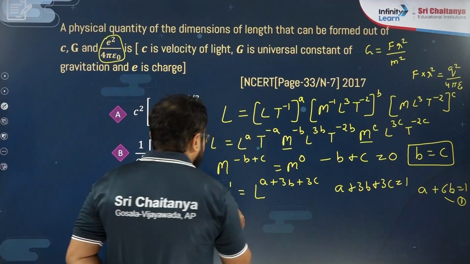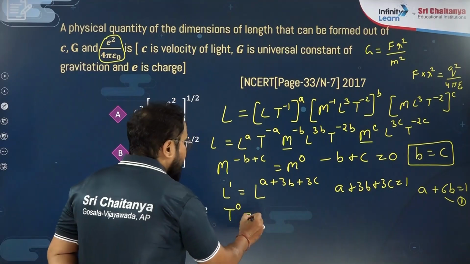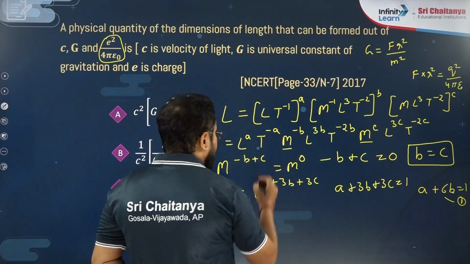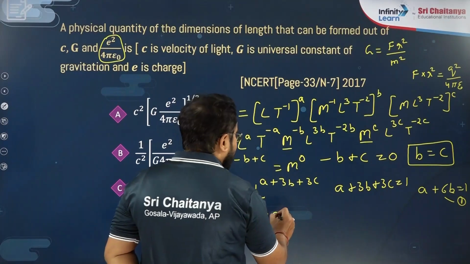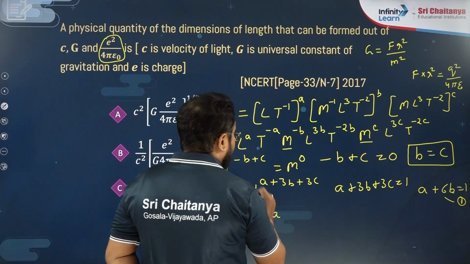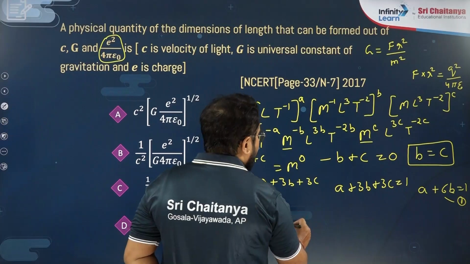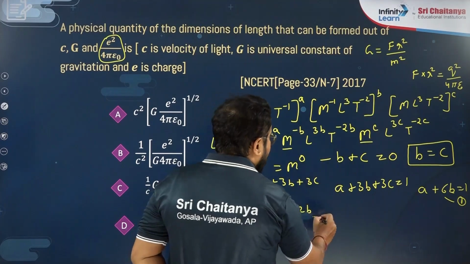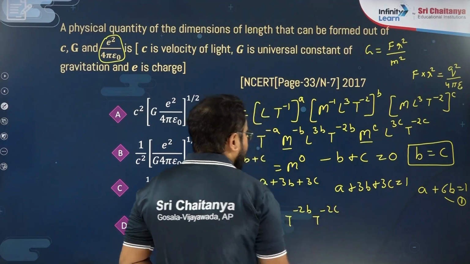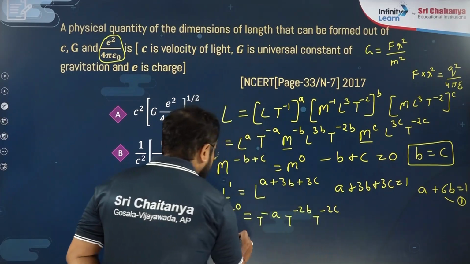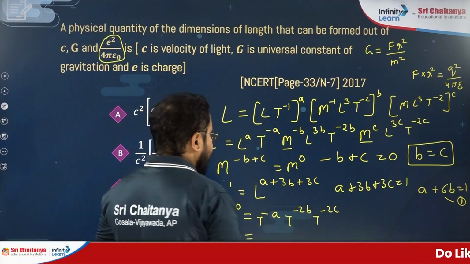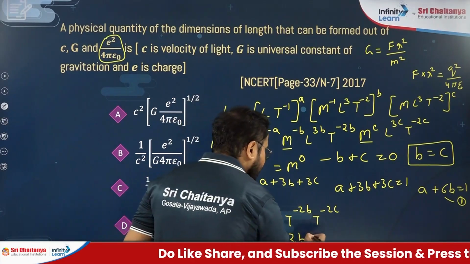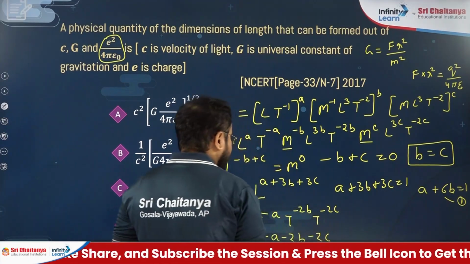Next, can you see T? No, there is no T. So T to the power 0, as M to the power 0 was there. So T to the power 0, what does it give? T to the power minus A, T to the power minus 2B and T to the power minus 2C, which will become 0 equals to minus A minus 2B minus 2C.